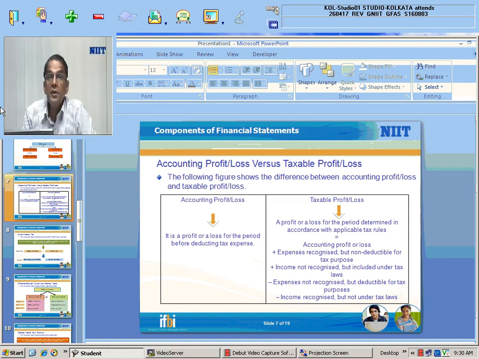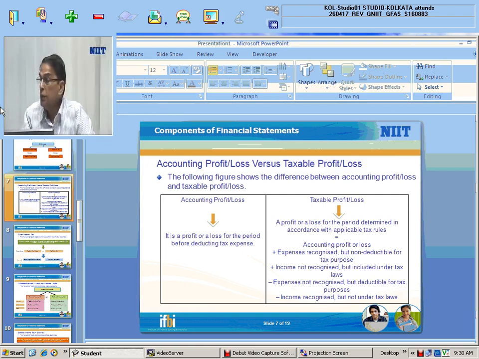Similarly, income which has not been recognized in calculation of the accounting profit and loss, but included under tax loss, minus expenses not recognized but deductible for tax purposes, minus income recognized but not recognized under tax loss.